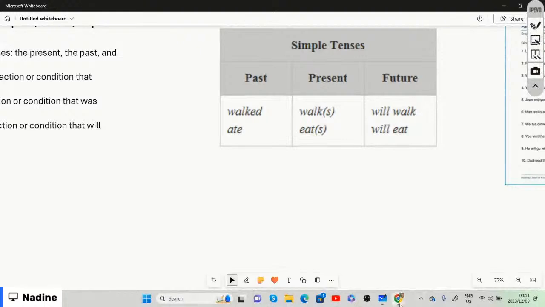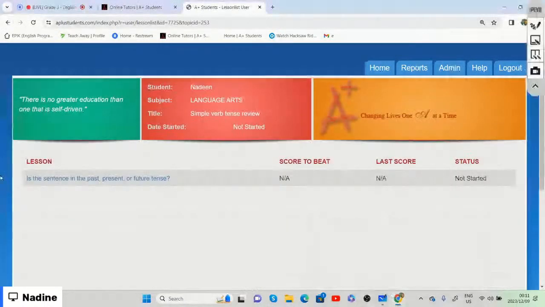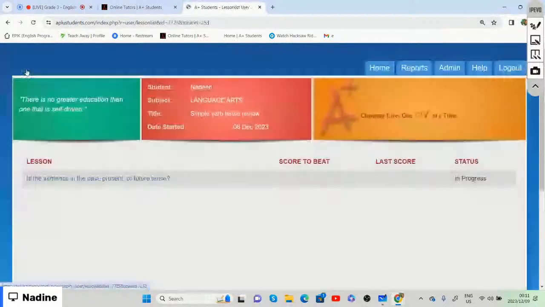All right, so now we're going to aplusstudents.ca, and our lesson is the sentence in the past, the present, or future tense.